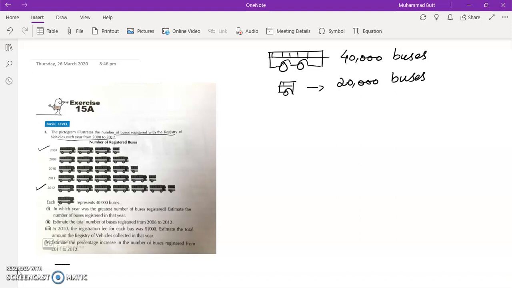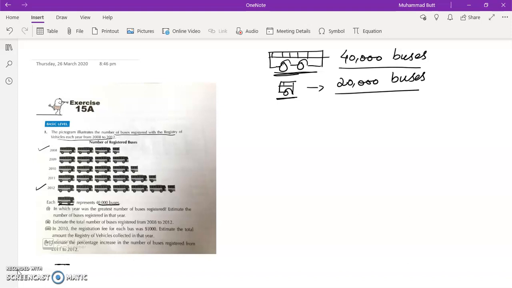So a figure of the bus is used to represent 40,000 buses. It means one bus over here is showing 40,000 buses in actual. So half bus is representing 20,000 buses. Half of 40,000 is 20,000.